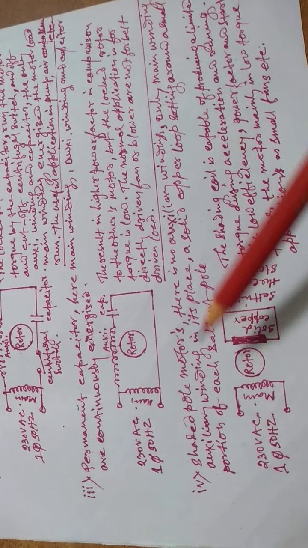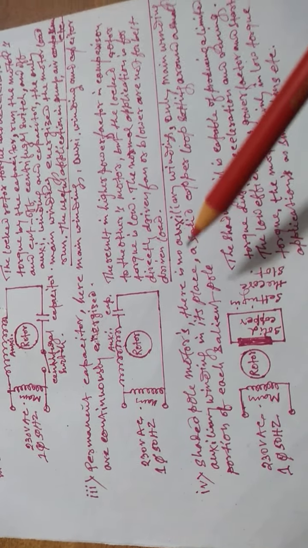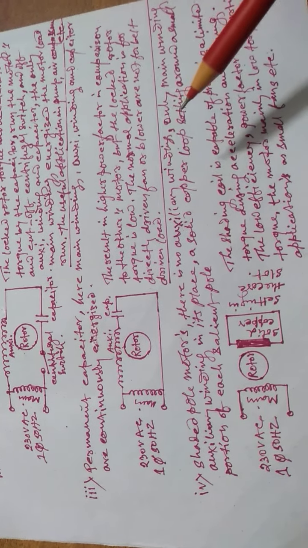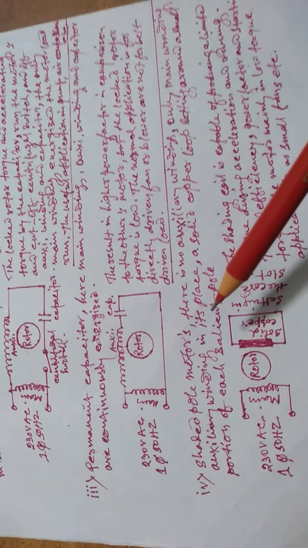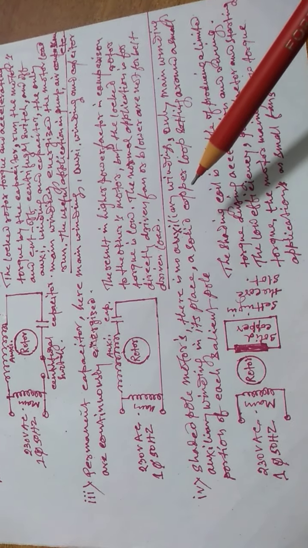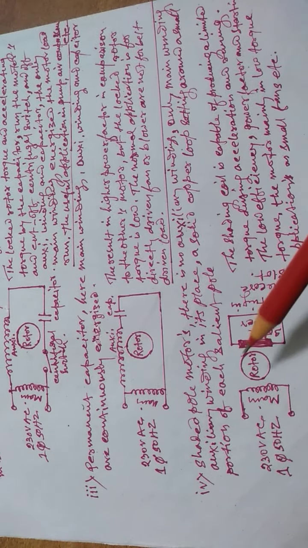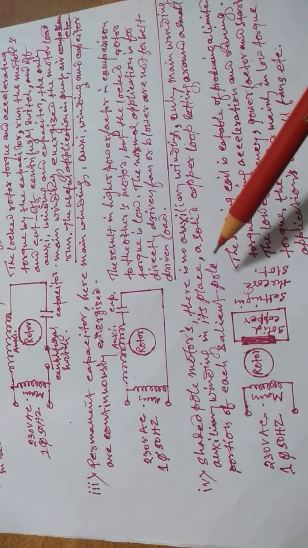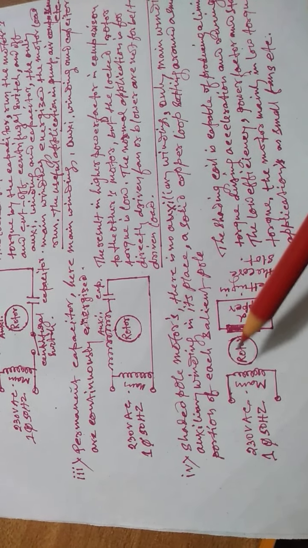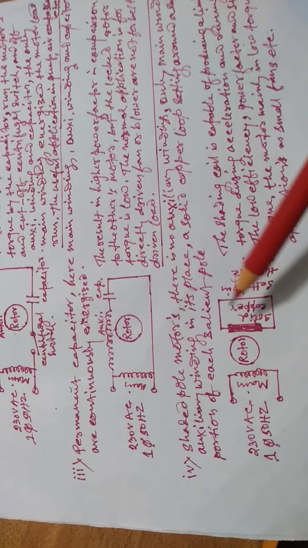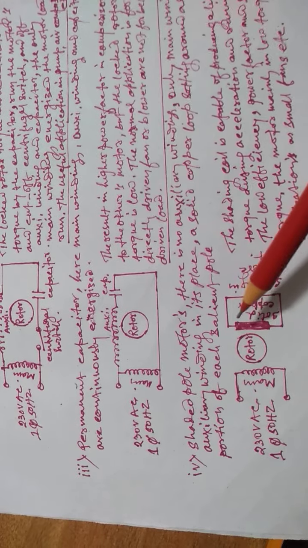Number 4, the shaded pole motors. There is no auxiliary winding, only the main winding. In its place is a solid copper loop sitting around a small portion of each salient pole. This is the main winding, the rotor, and the solid copper loop set in the core.